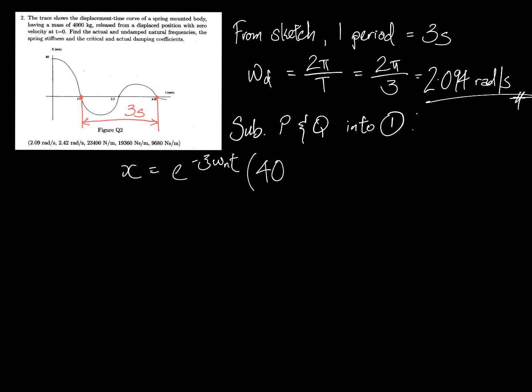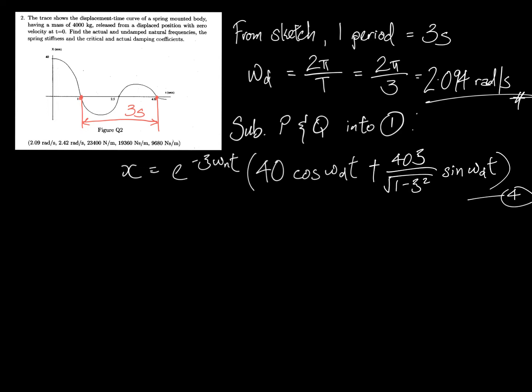So that's our P, which is 40 cosine omega d t, plus our Q, which we have derived, 40 zeta over root 1 minus zeta square sine omega d t. Let's call this equation 4.